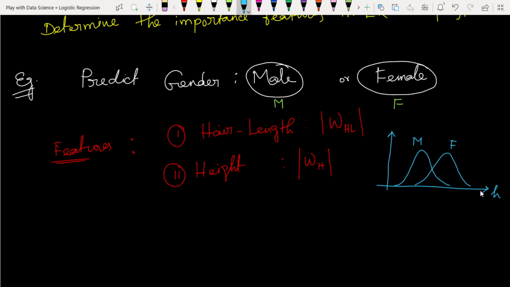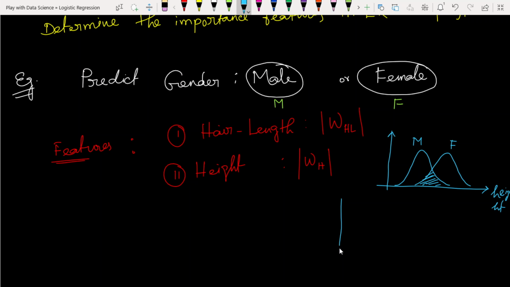If we see these distributions for height, there is a lot of overlapping in this area, so we cannot properly conclude from height.